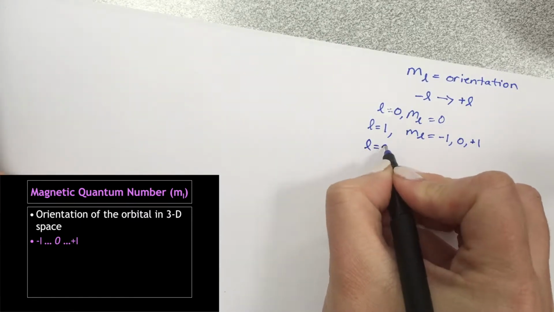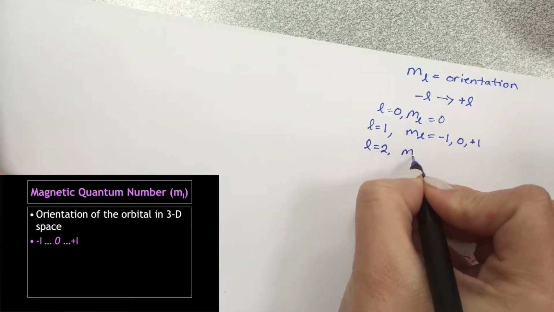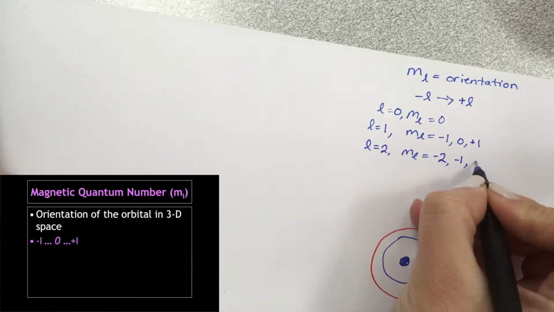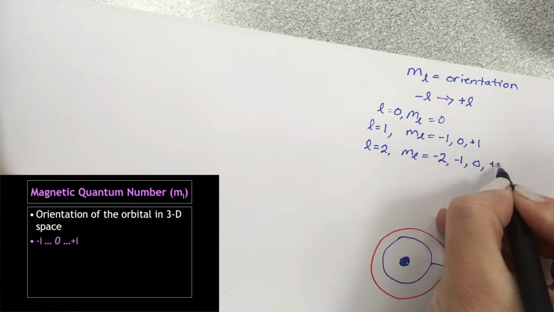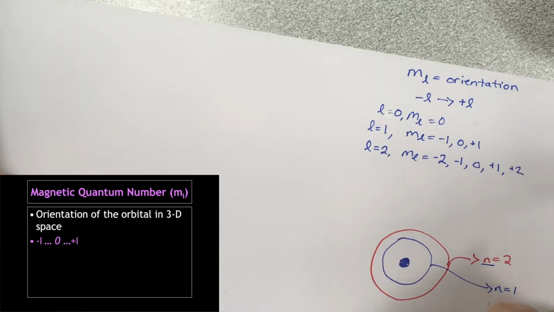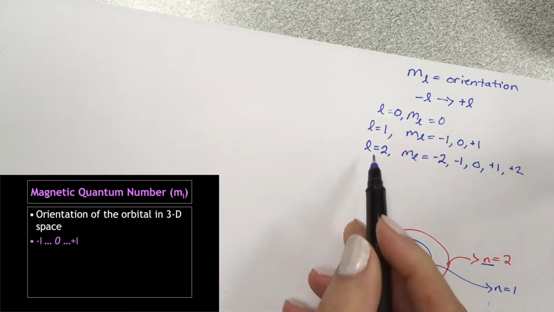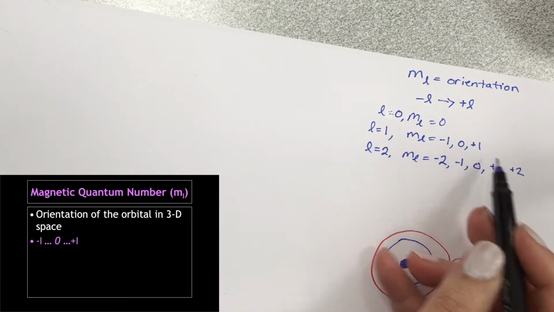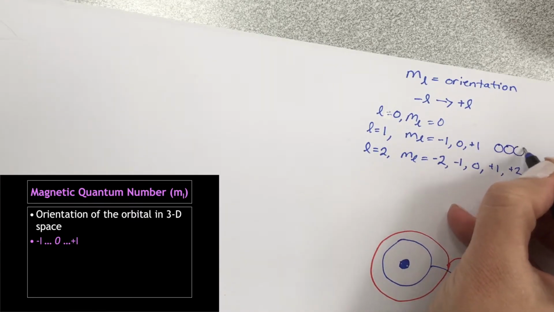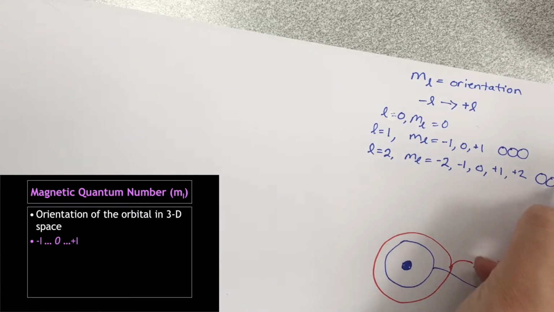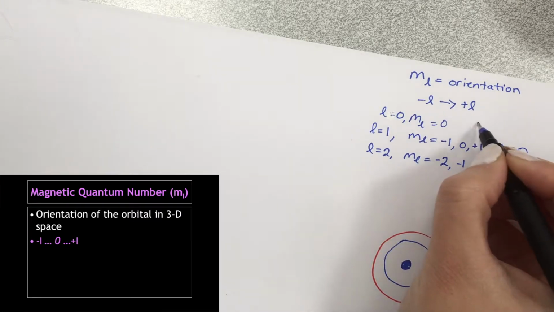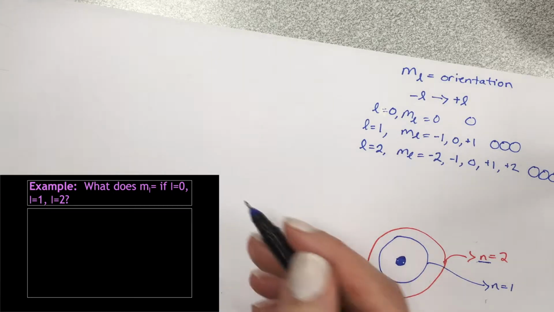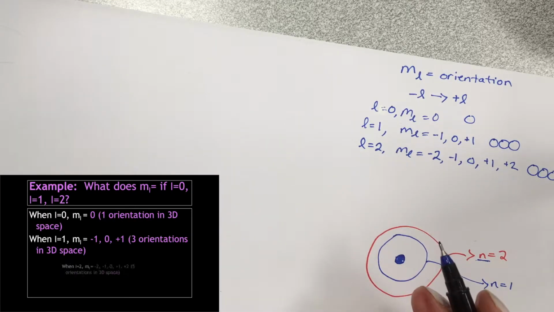If L equals 2, then m sub L would equal minus 2, minus 1, 0, plus 1, plus 2. So it would have 5 different orientations. This is the d orbital, that's why there's 5. This is the p orbital, that's why there's 3, the 3 circles in that orbital notation. This is 5 circles, remember, guys? If you don't remember, you really need to watch the previous videos.